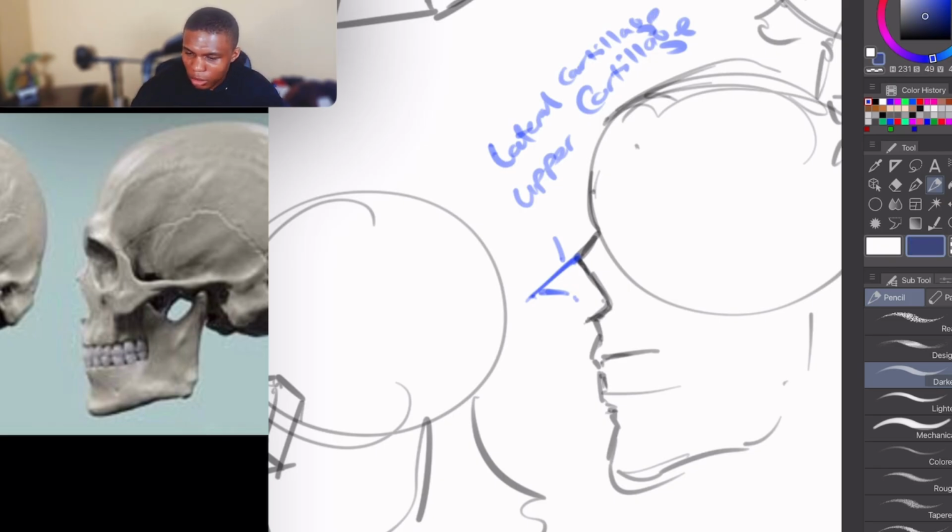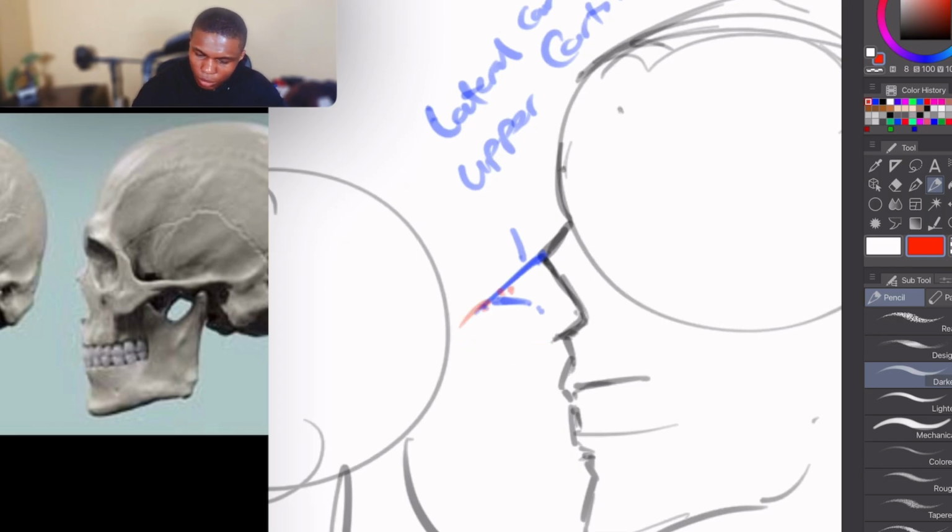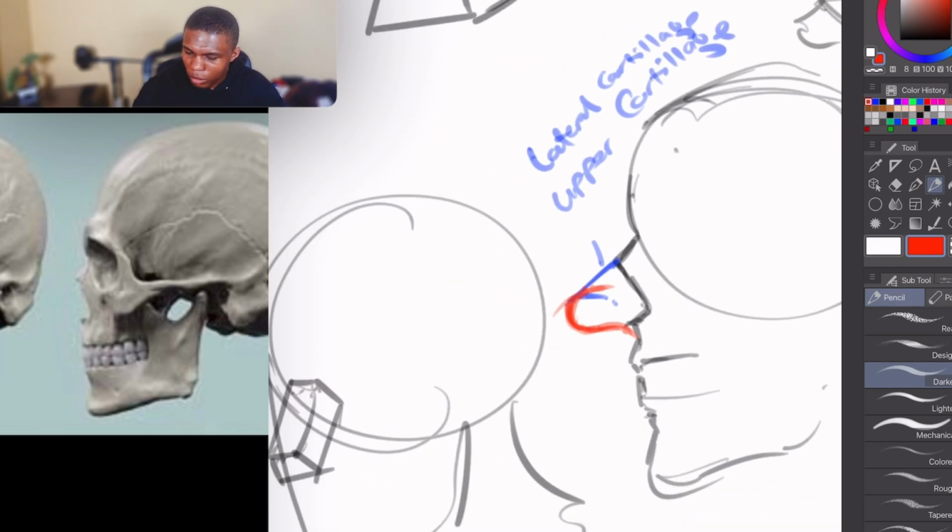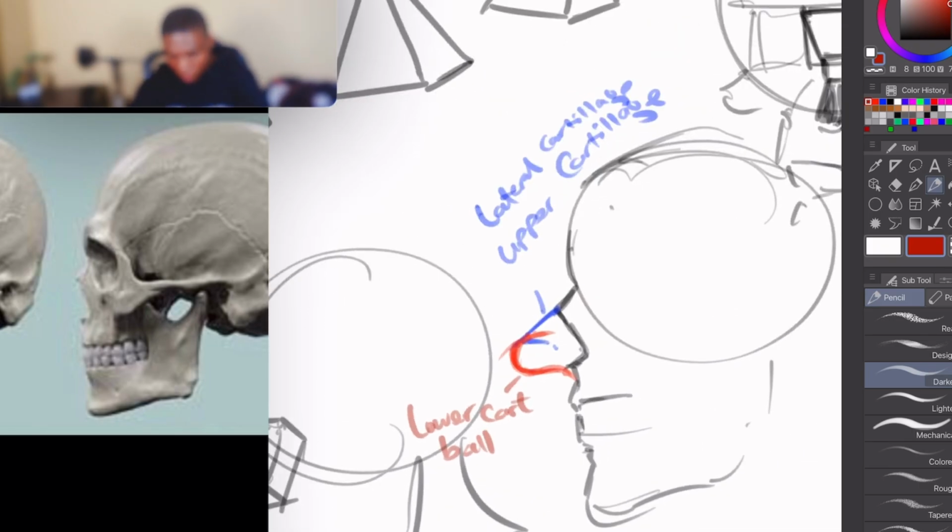And then this other part is going to be the lower cartilage, or the ball of the nose. This part here, the lower cartilage. Let me just write it down. Or the ball of the nose.